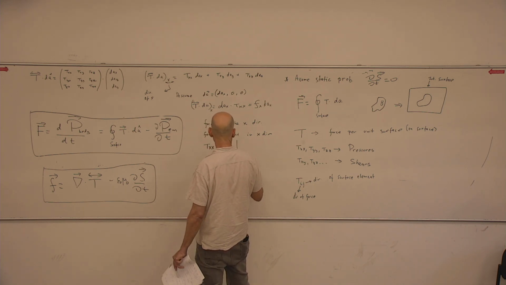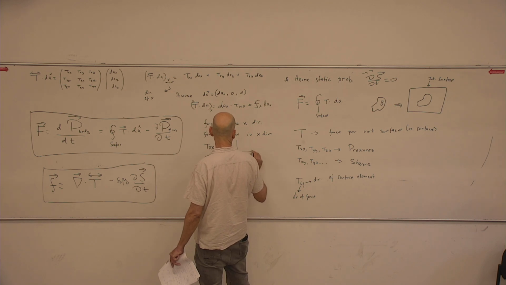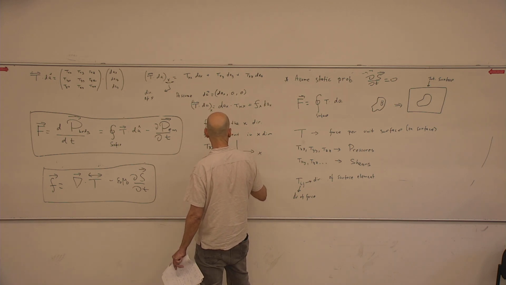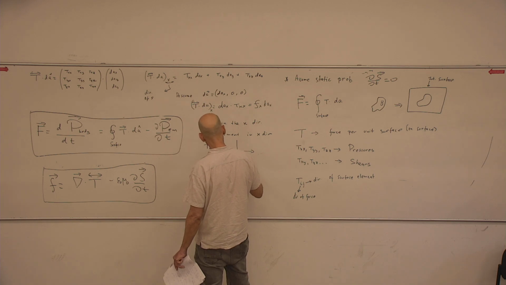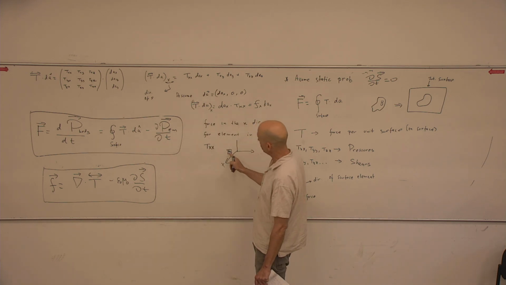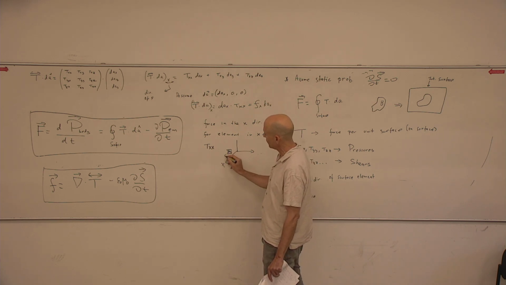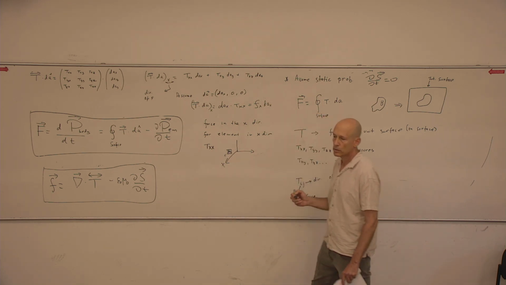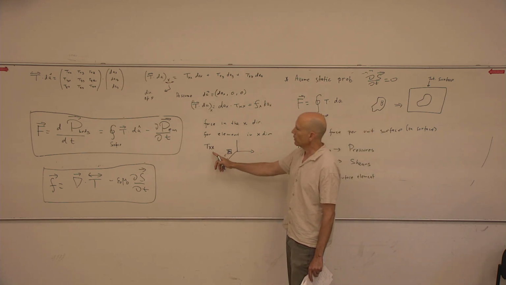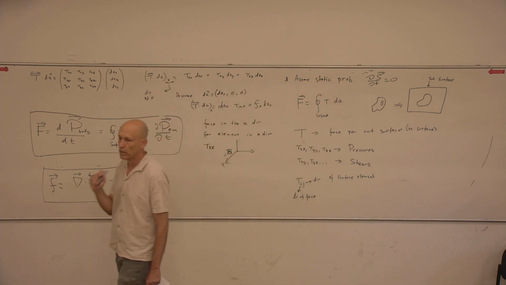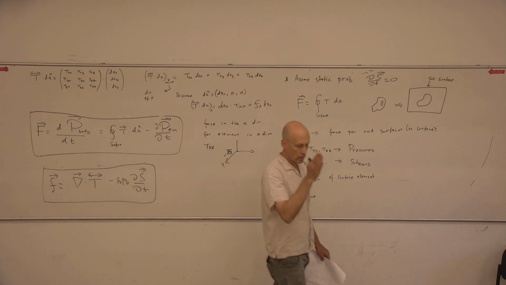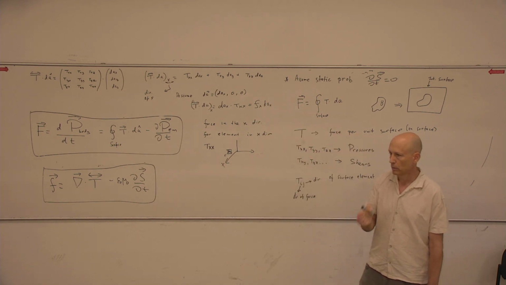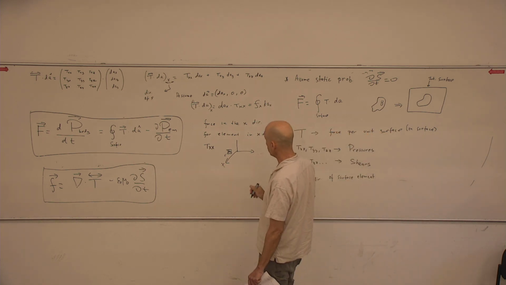So I'll change this to x. Then if I multiply this by Txx, I'll get the force in the same direction of x. This is why Txx is a diagonal term. It's called the pressure, because pressure is perpendicular to the wall. The other guys, what are they doing?